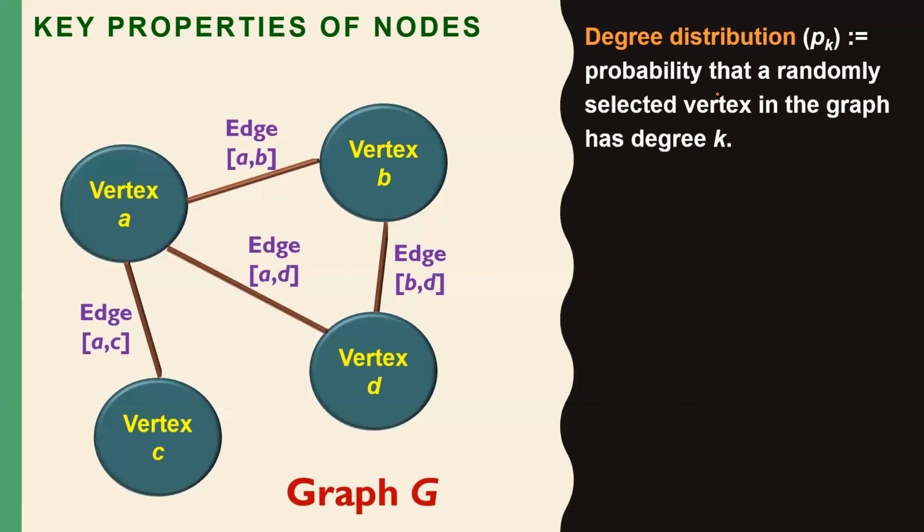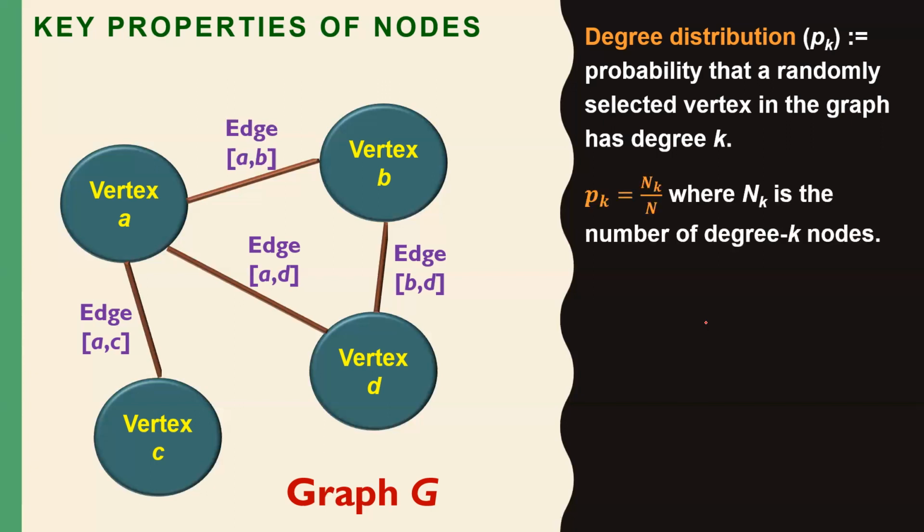So it makes sense that the formula for this parameter, the degree distribution, would be P sub k equals N sub k all over N. So essentially, we will just count how many vertices in the network have degree equal to k, and I'll divide it by the total number of vertices in the graph. So it's a simple combinatorics problem.